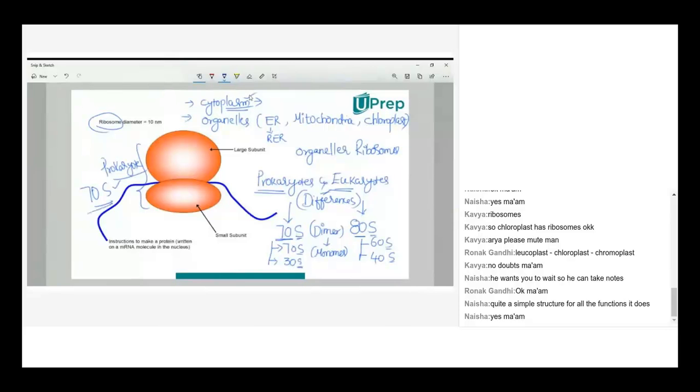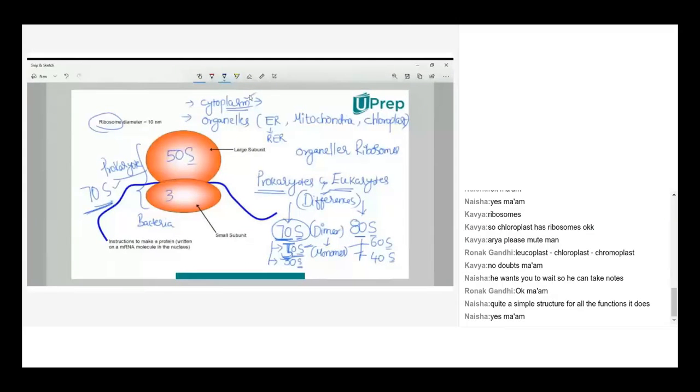So you will find 70S ribosomes in prokaryotes. If this is the bacterial cell in which you found the 70S ribosome, the largest subunit is, I get confused, 60S and 40S, or 50S. I think it's 50 only, but I have a doubt, so write it down as 50 and ask me in the next session and I'll clarify. This becomes the 50S and this becomes the 30S.